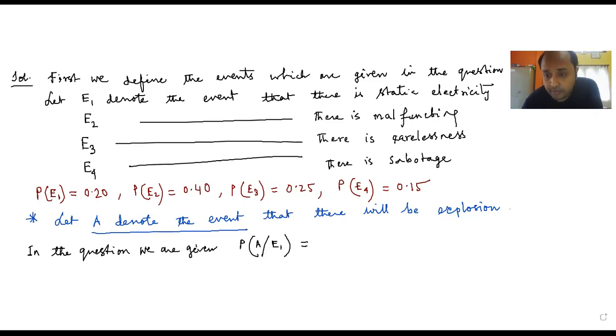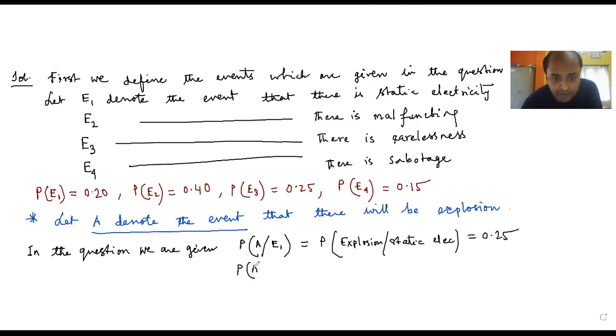It was written that there is 25% chance that this explosion occurs as a result of static electricity. So probability of explosion given that there is static electricity is 0.25.